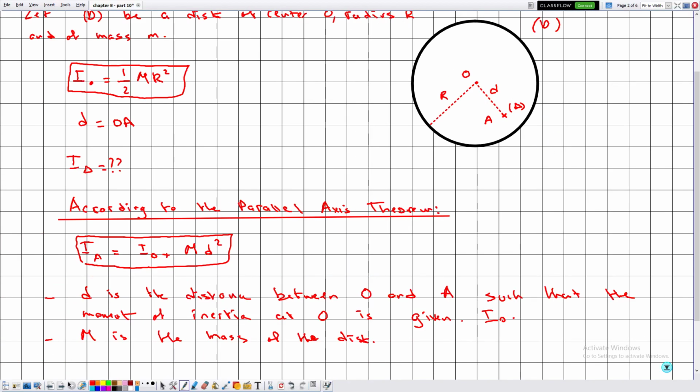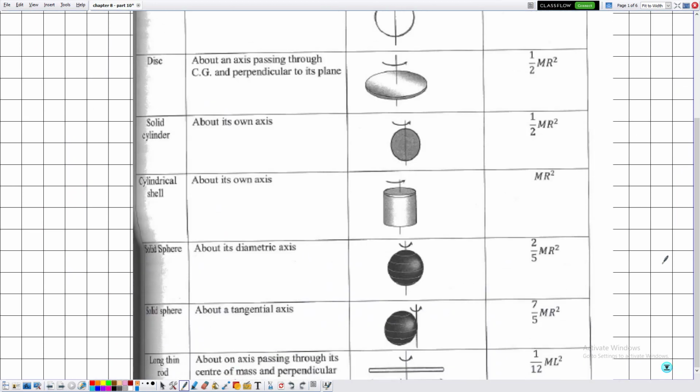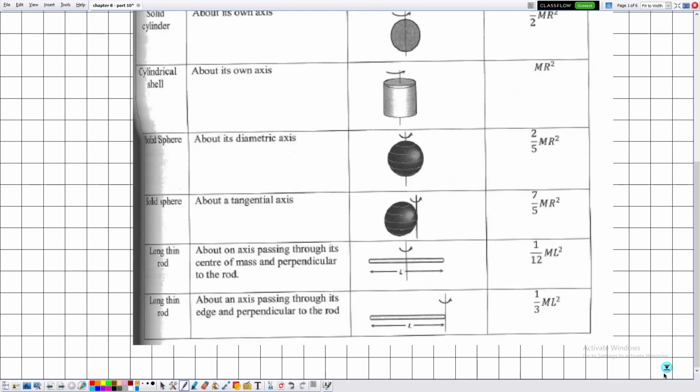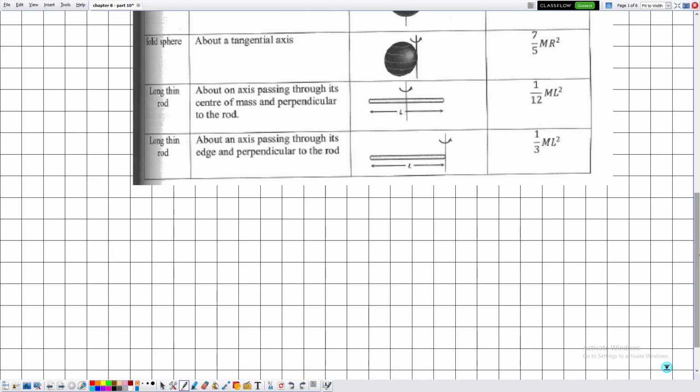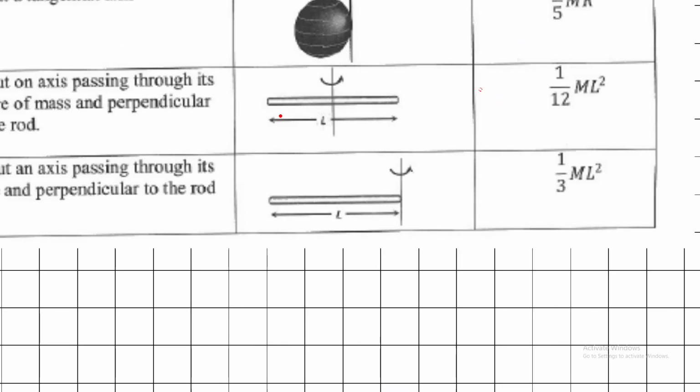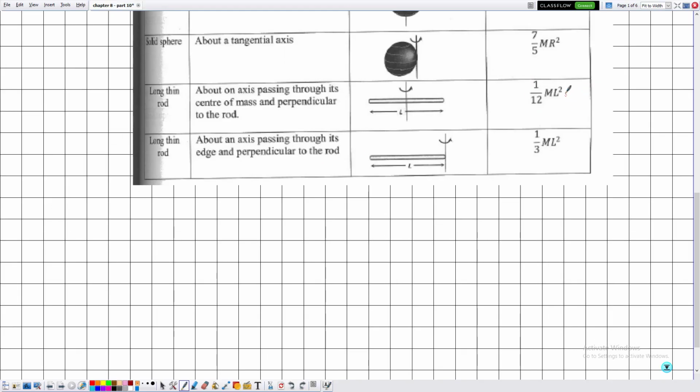For example, if you consider the last two rows of this table, we have a rod in which the axis of rotation is passing through the center of the rod, and we know that it's given by 1/12 ml squared.